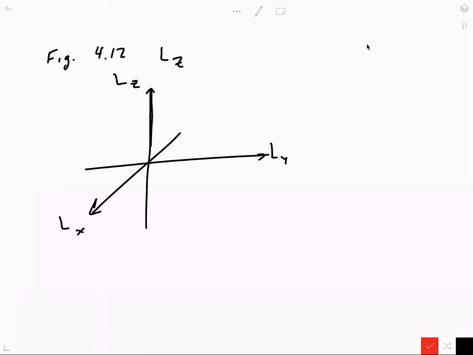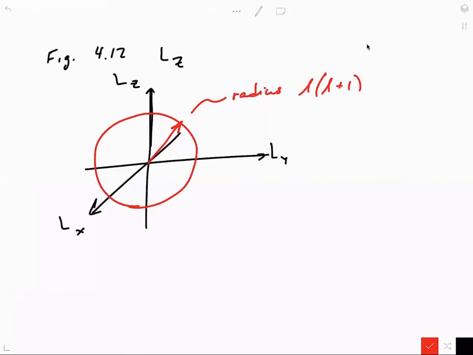We inscribe a sphere, and that sphere has a radius that looks like our allowed value of L squared, in the neighborhood of the square root of L times the quantity L plus 1.